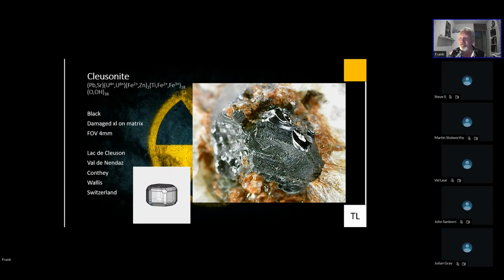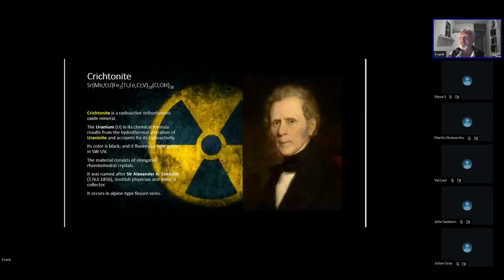The material is mostly metamict, but can appear as tabular crystals. It was named after the type locality, the Lac de Cleuson in Nendaz in Valais in Switzerland. It occurs in alpine type clefts, veins in green schists, and metamorphic rocks. I have one with a damaged crystal on matrix from the type locality.